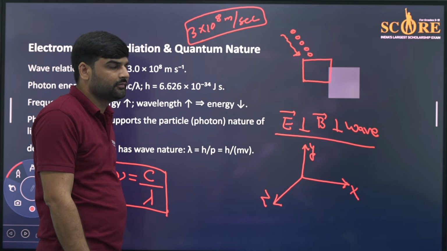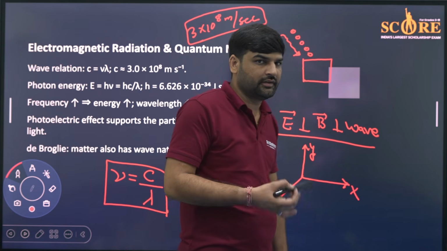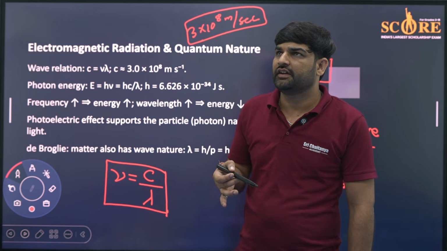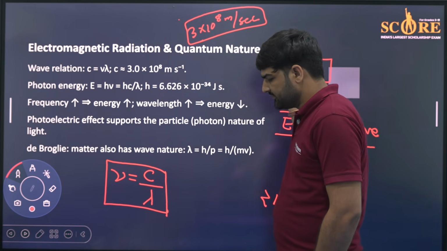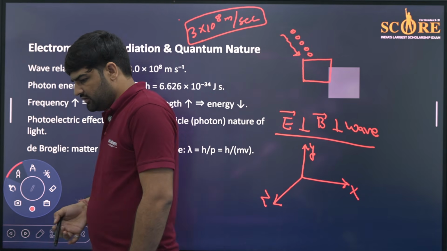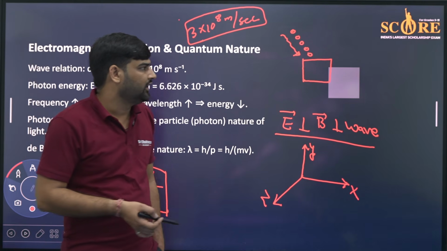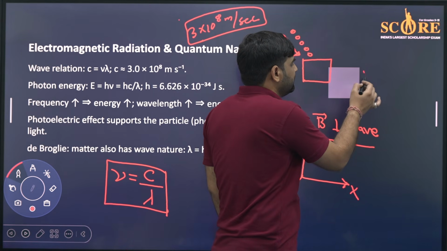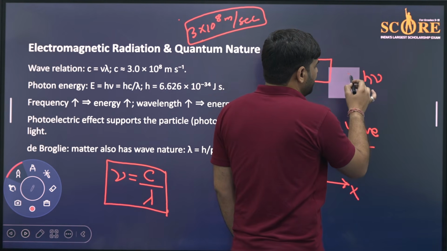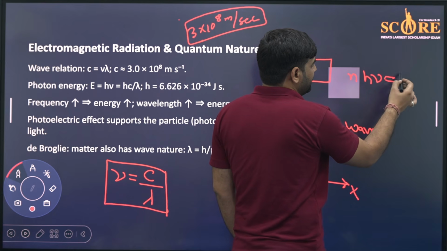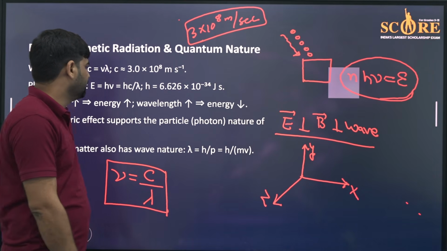According to Planck's quantum theory, energy is absorbed by an object in the form of smallest packets. These smallest packets have a certain amount of energy, and if energy of one packet is h nu, then energy of n photons will be n h nu. This is total energy E equals n h nu.